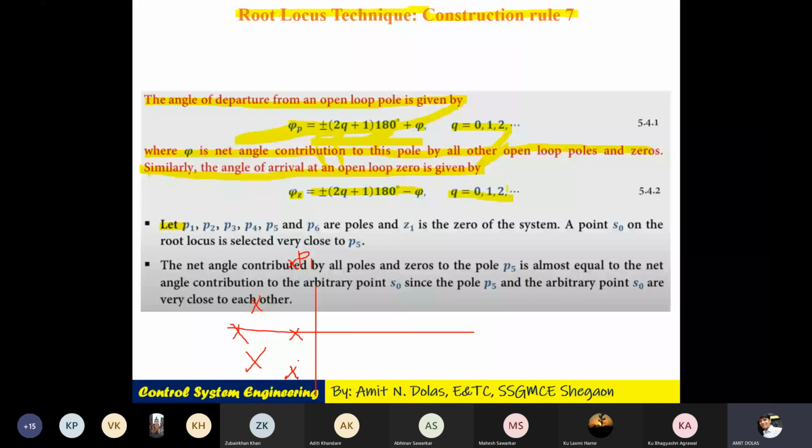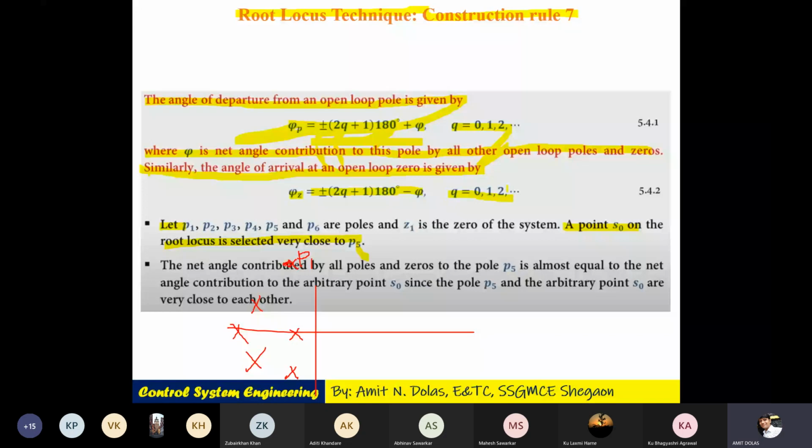I'm taking P5 into consideration. So there will be a very close test point near P5. And if I join all the angles with that test point, I'm not able to draw a straight line on this device correctly. If I join all other poles to that, the contribution of the net poles will be equal to that at the test point which is close to P5.